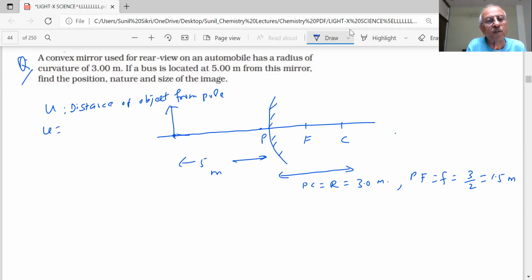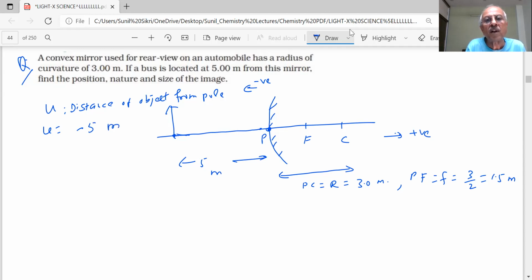What is given? 5 meters. It will be -5 or +5? Tell me. Use the sign convention. So -5. This side is positive from the pole, and this side is taken as negative. So this U will be -5 meters.